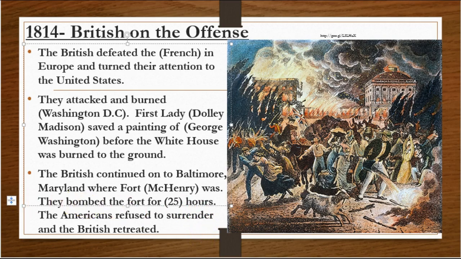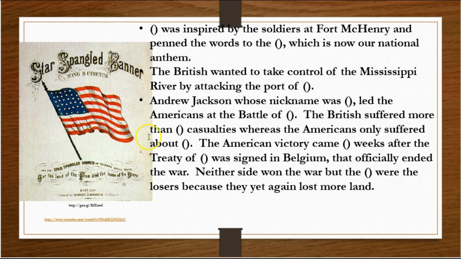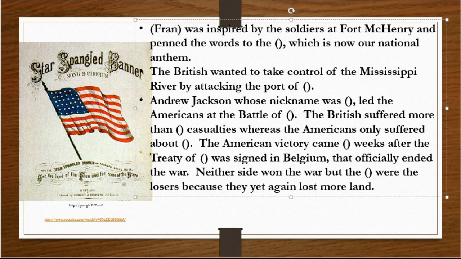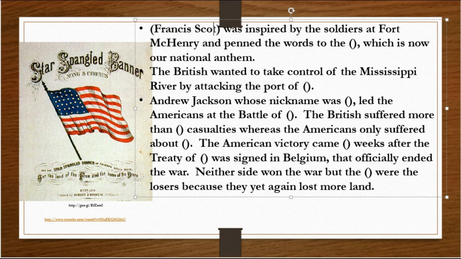This is a tremendous, tremendous victory for the Americans. And while this is going on, something really incredible is happening. A man named Francis Scott Key, you've probably heard that name before, is out in Baltimore Harbor, and he's watching this whole thing play out from on board a ship.